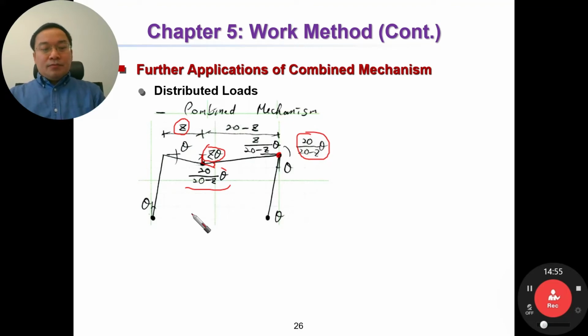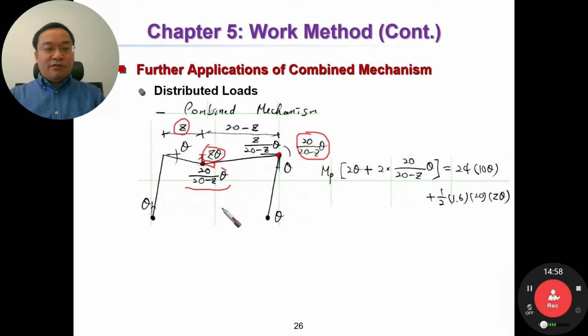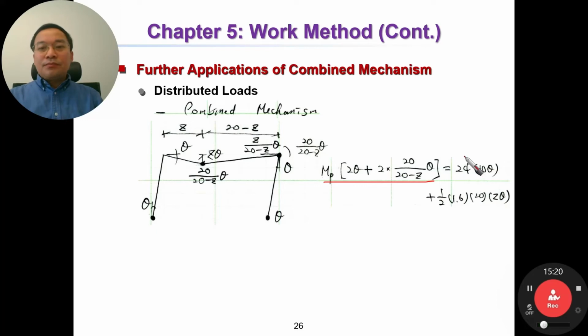Then based on that we can develop the work equation. It is internal work: MP multiplied by 2 theta here and here, and multiplied by 2 times this one and this one, equal to this one due to the horizontal external force, 24 multiplied by 10 theta.